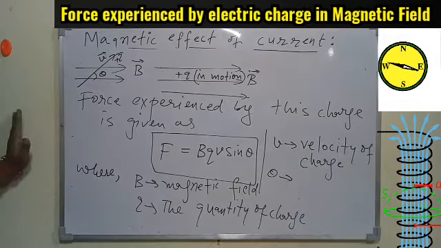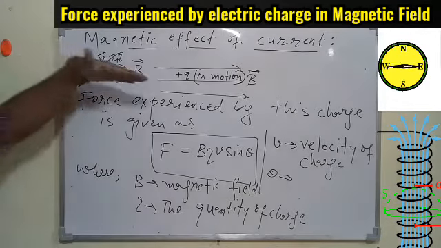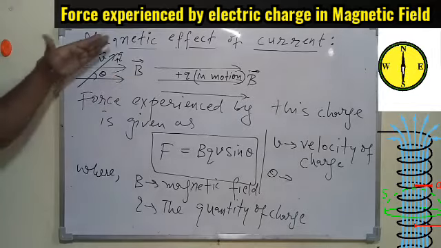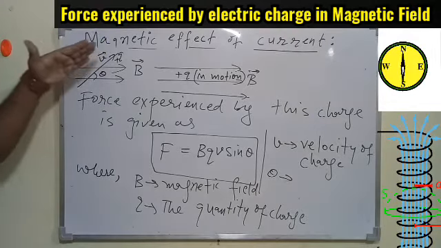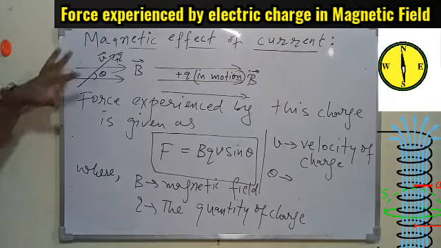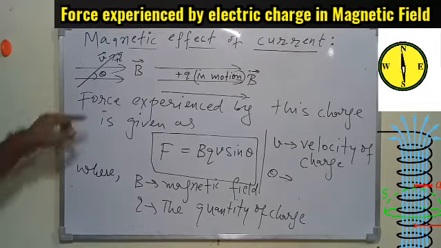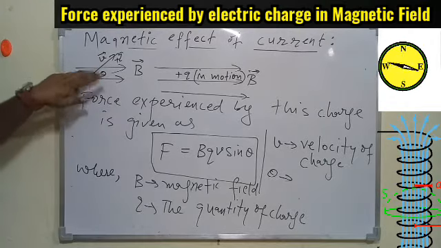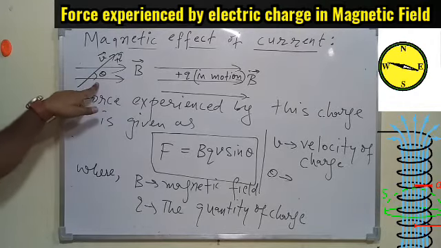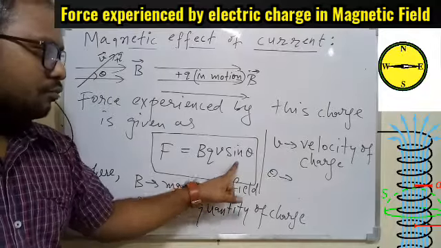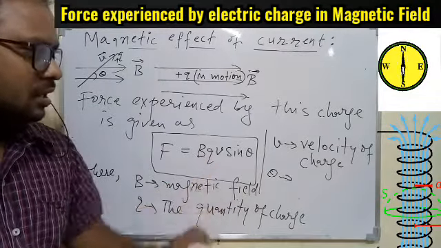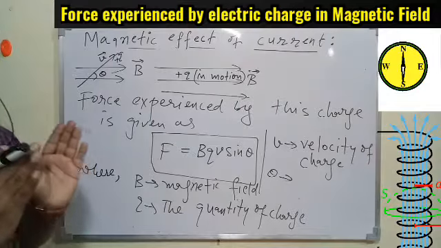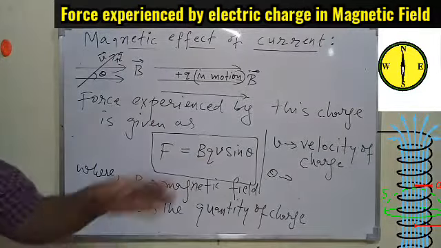I am just showing you one example here. If the magnetic field is along this direction and the charge is moving along this direction, this is the direction of the velocity of the charge. Velocity is also a vector, and now we have two vectors here: one is the magnetic field, one is the velocity, and between these two vectors we have some angle theta. That is what comes in the formula BQV sine theta, where theta is the angle between the magnetic field and the velocity.